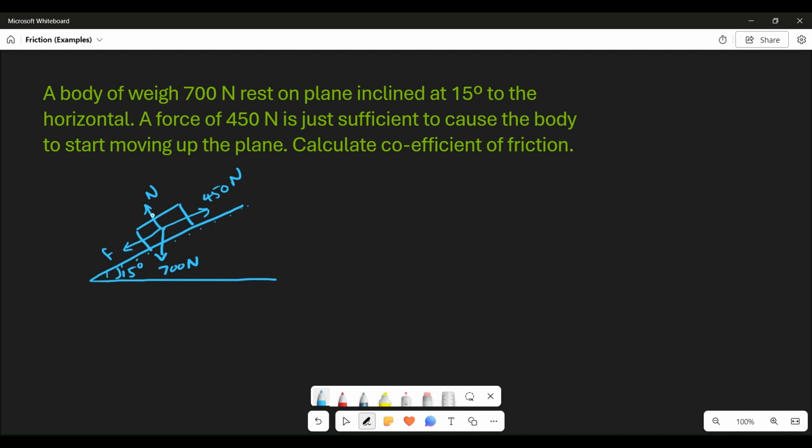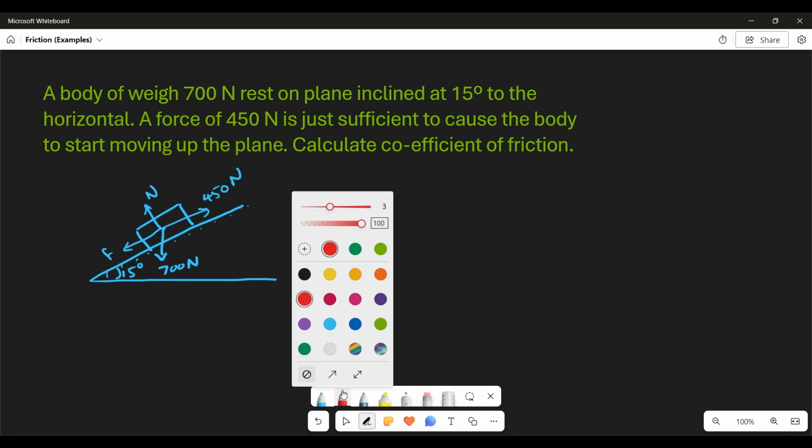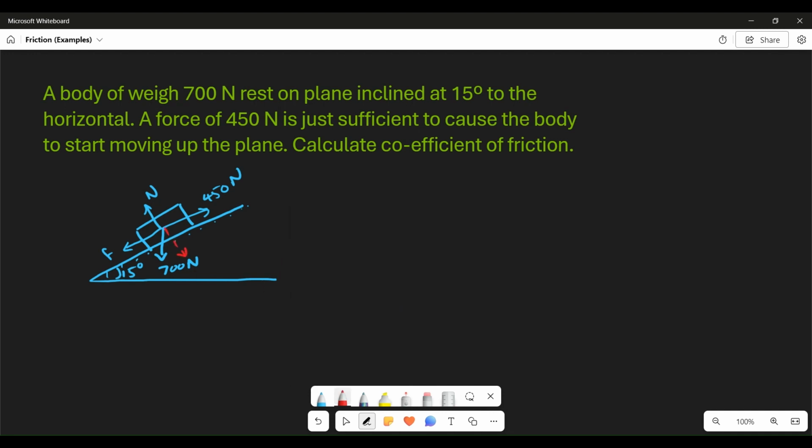Now again, F, N and 450 all are aligned parallel or perpendicular to the surface. Only this 700 is inclined. What we need to find out is coefficient of friction. So mu, coefficient of friction, is to be found out here. Now I will divide the 700 Newton weight in two components. First is this. Now if this is 15 degree, this will be 15 degree.